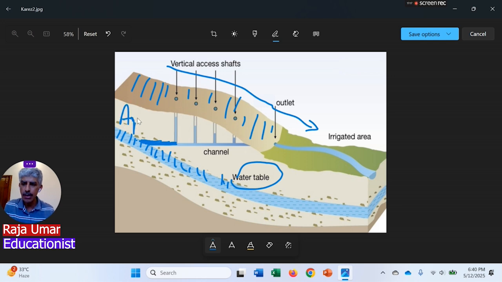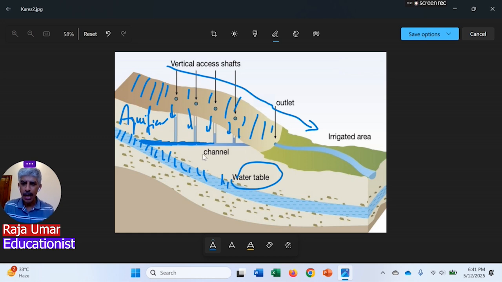This is also known as an aquifer. Water is taken to that horizontal tunnel, the water channel, and vertical shafts are dug to reach that horizontal tunnel, so that water can be taken with the help of buckets as well.